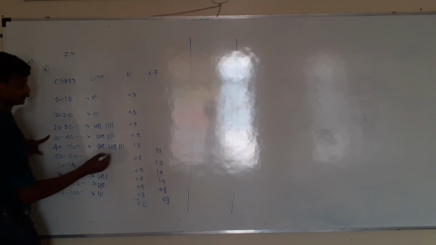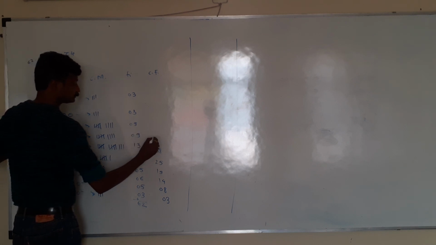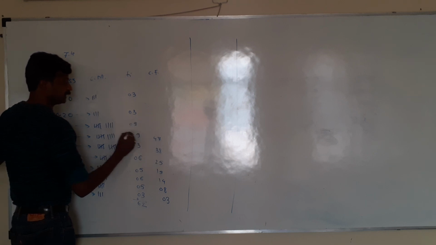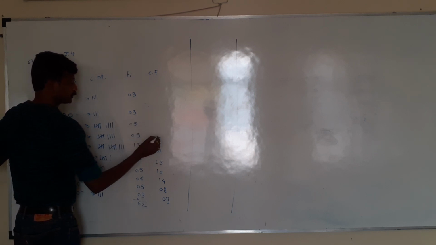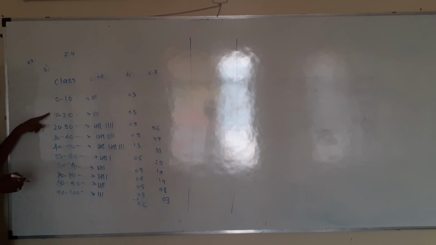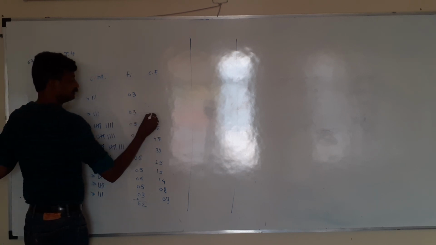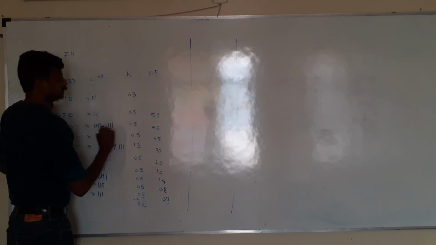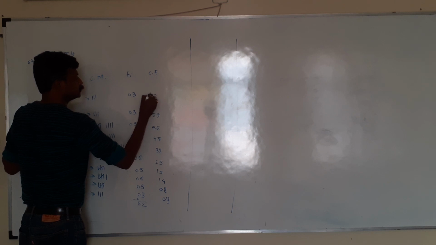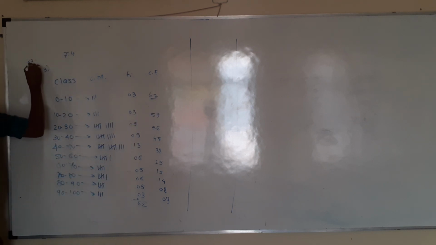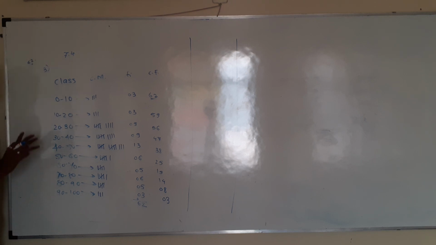More than 30, 38 plus 9 47. More than 20, 47 plus 9 56. More than 10, 56 plus 3 59 and more than 0, 59 plus 3 it will be 62. We can see that this total and total number of students in the class are matching, means our calculation is correct.